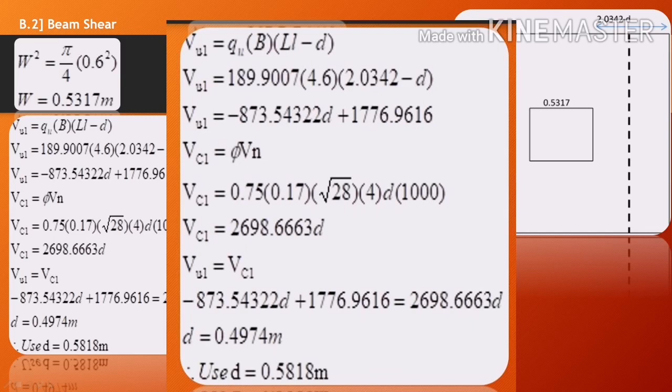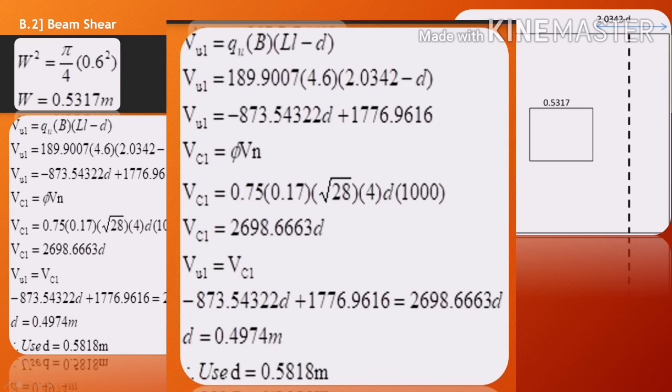So now let's equate VCL to phi Vn, which gives us the value of VCL, which is 0.75 times 0.17 times the square root of 28 times 4 times D times 1,000. So, the value of VCL is equal to 2,698.6663 D. So, now, we should equate VUL to VCL.